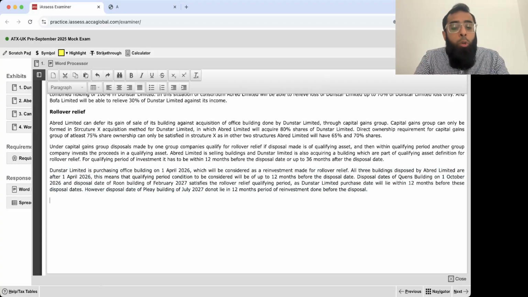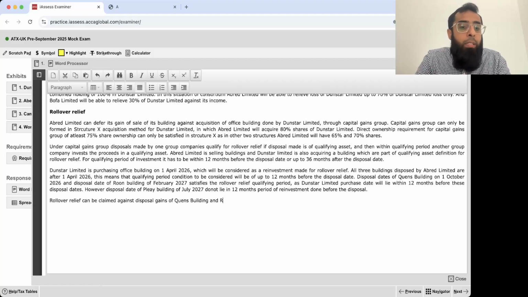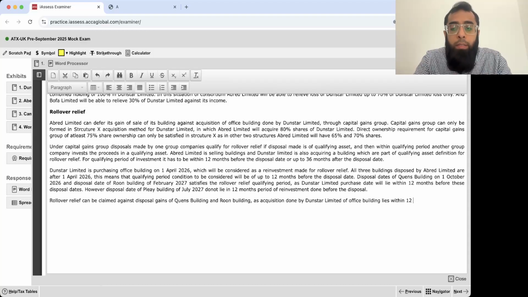So yes, rollover relief can be claimed against disposal gains of Queen's building and Rune building, as the acquisition done by Dunster Limited of the office building lies within 12 months before their disposal date.